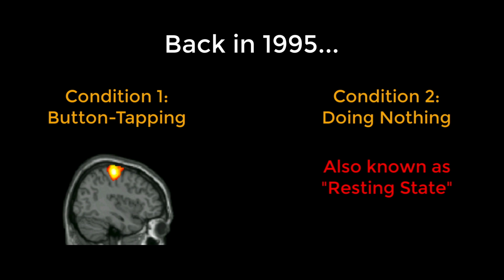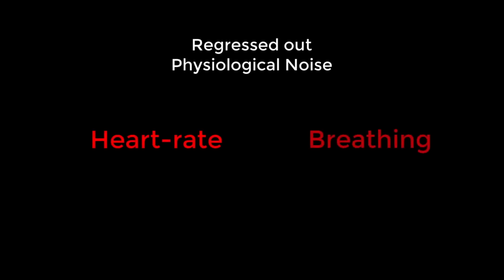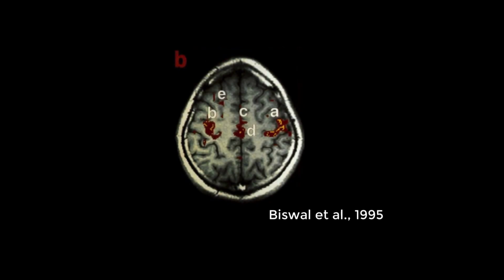To his surprise, even after removing from the resting state data all physiological sources of noise he could think of, some kind of signal remained. Biswal then decided to extract the time series from the left motor cortex and correlate it with every other voxel's time series.